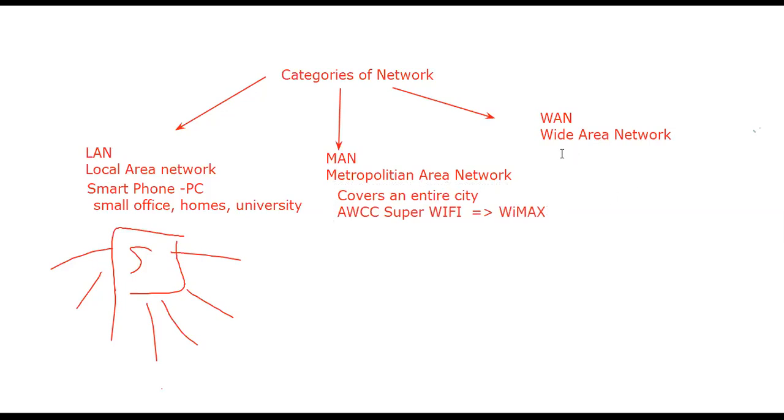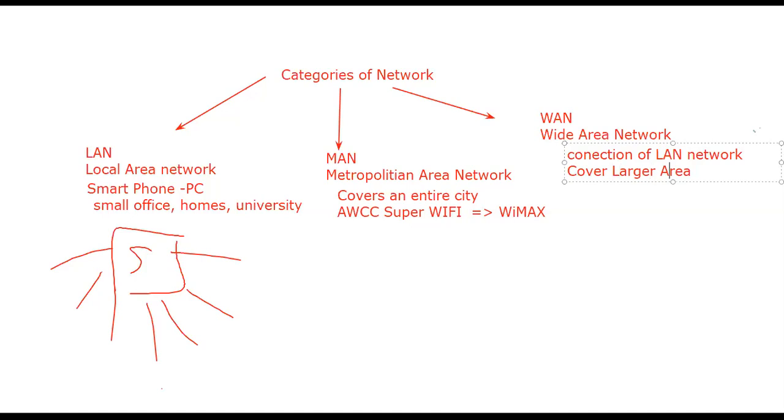Now WAN, the first point I have to say is that WAN is a connection of networks. I have to say WAN is a connection of LAN networks. Meaning if you have two or more LANs, we get a WAN, wide area network. It covers a larger area.